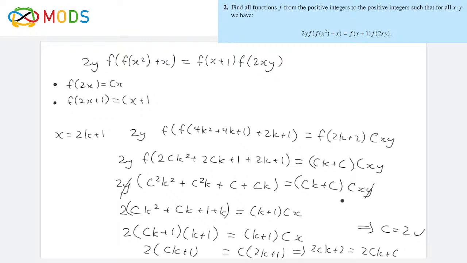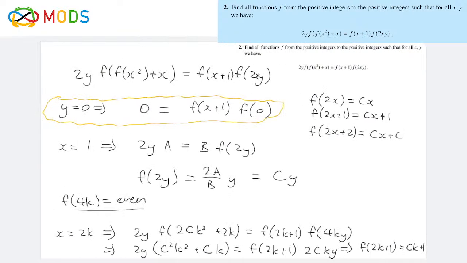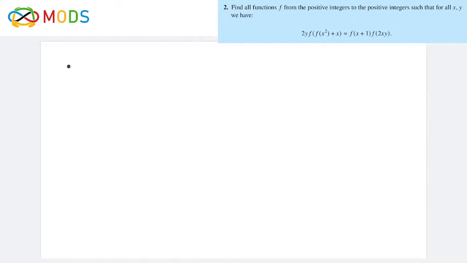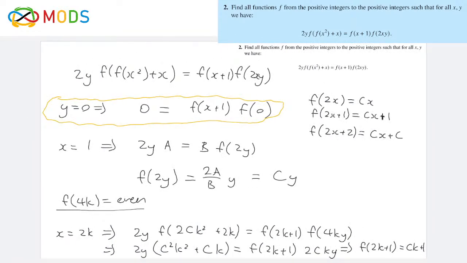Nice. And now we just need to check that the function works. So yeah, this just implies that f of x equals x, right? Yeah. So this implies f of x equals x, and obviously you just need to check it works, because right now this is the only function that could possibly work.